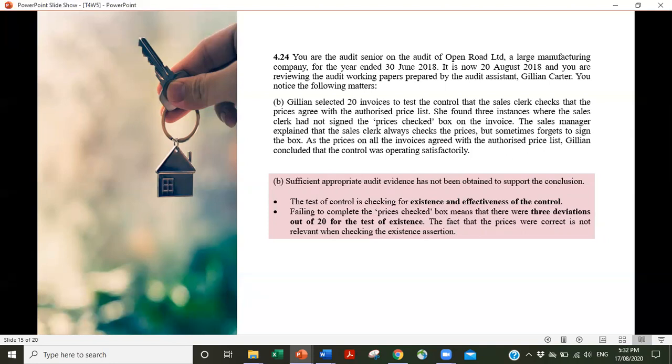Okay, so what she should have done is extend her test for, say, another 20, and if there was still another 3 out of the 20, then she might have been able to get away with that. But because there were 3, it means that the existence assertion is not sufficiently supported.